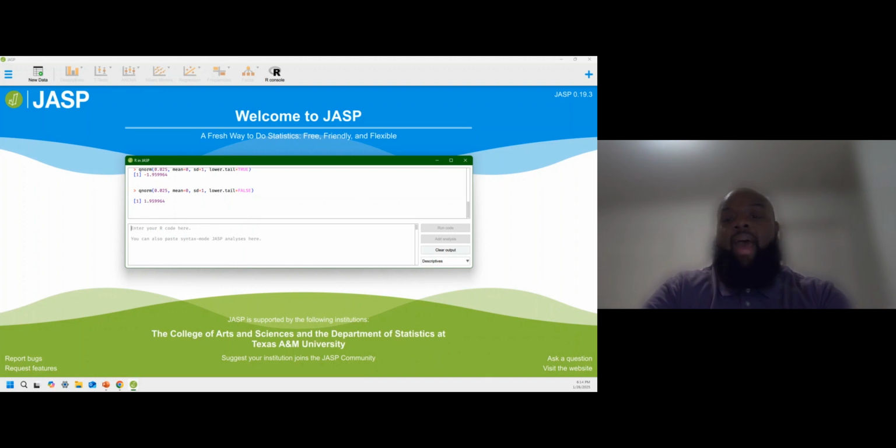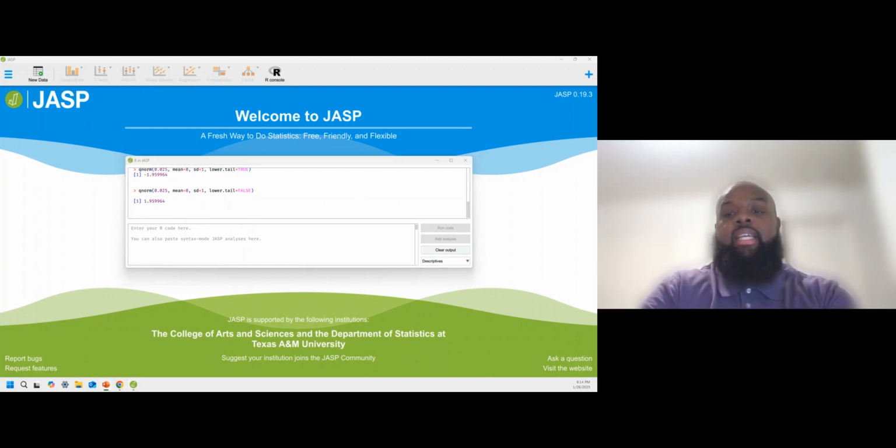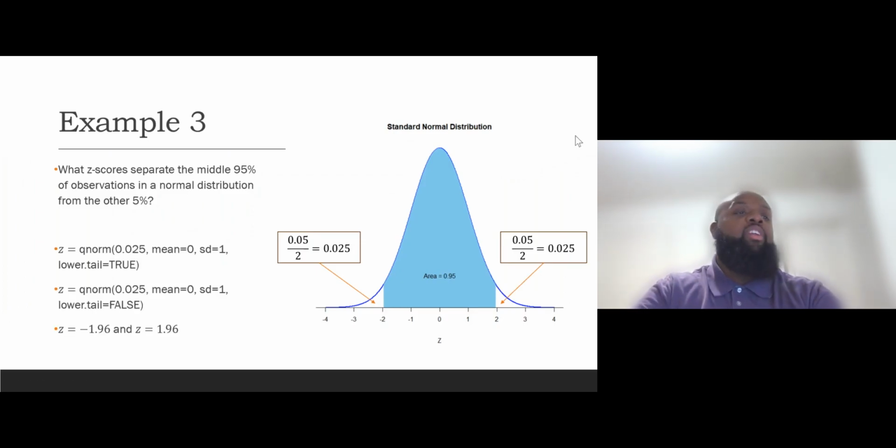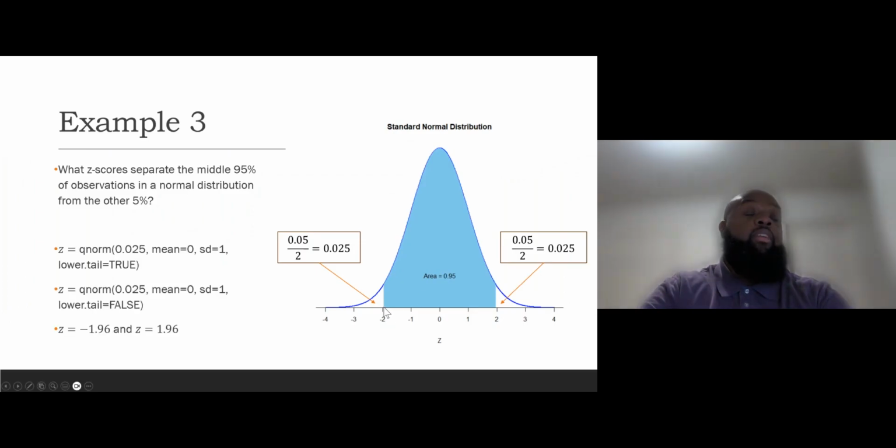So if I go back, I will see that z equals negative 1.96 here, and z equals positive 1.96 here.